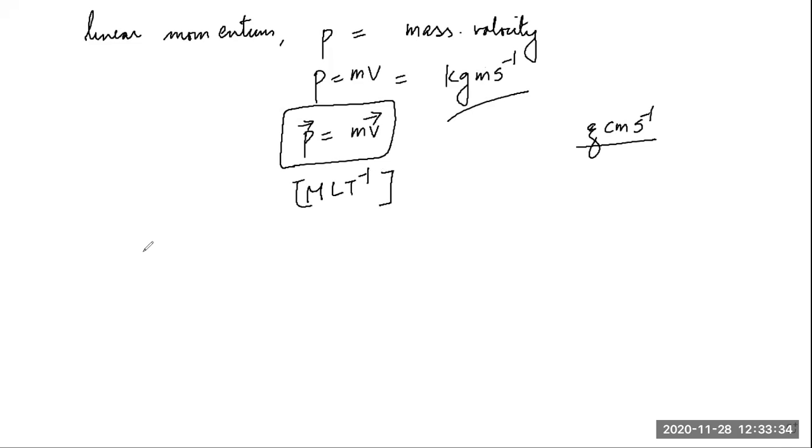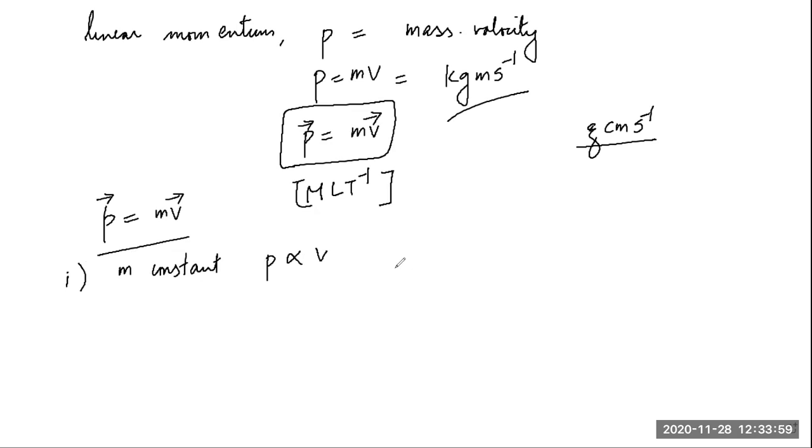So, guys, as we observe, vector p is equal to m vector v. From this, we have two observations. When m is constant, we can see that p is directly proportional to velocity.